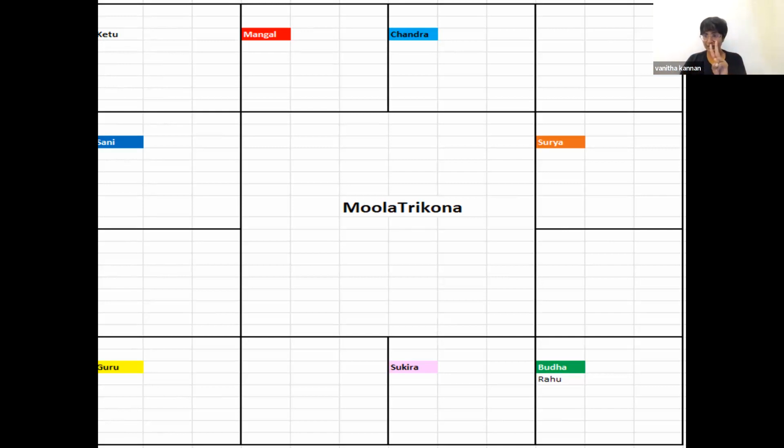Mangal owns two houses, right? What are the two Rasis? Mesha and Vrishchika. Awesome. Among Mesha and Vrishchika, Mesha is considered the Mula Trikona. If the Mangal is set in the Mesha Rasi, it feels its own, favorite house. Mula Trikona means it's my most favorite place.